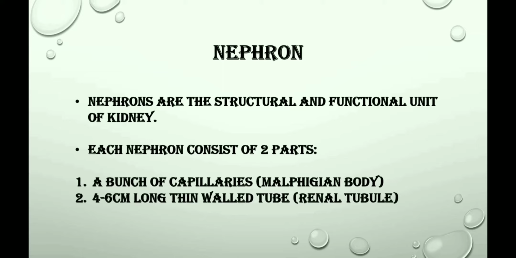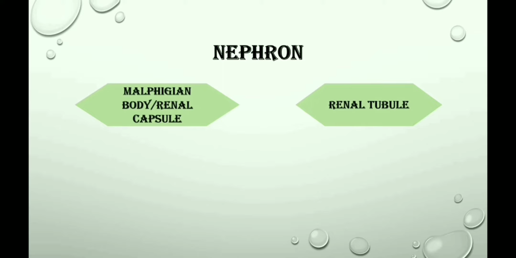Now, let us study the details of nephron. Nephrons are divided into two parts. One is malpighian body or a renal corpuscle, and second one is a renal tubule.